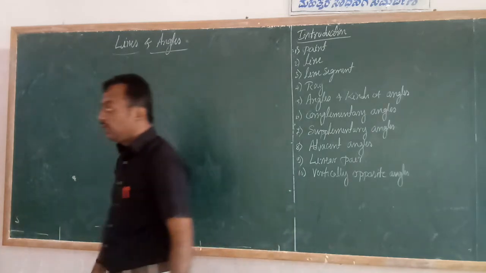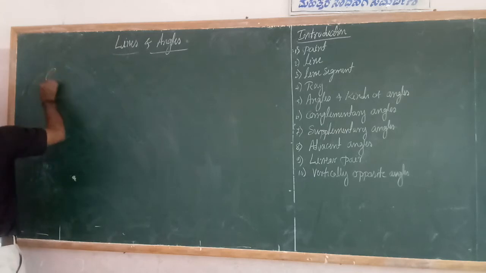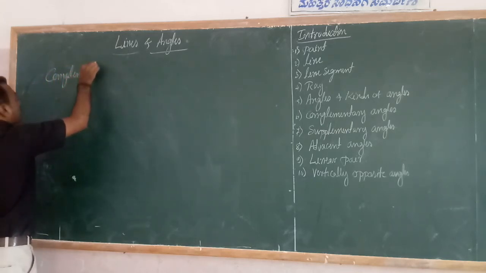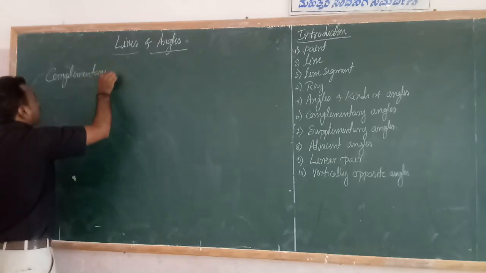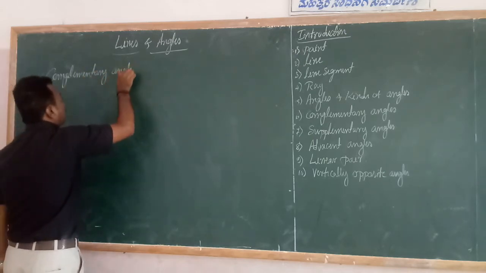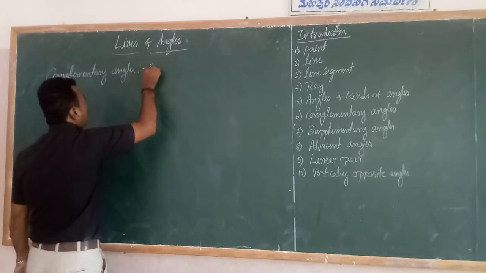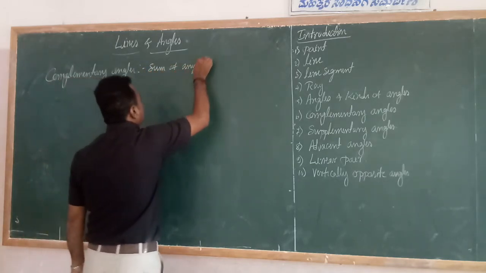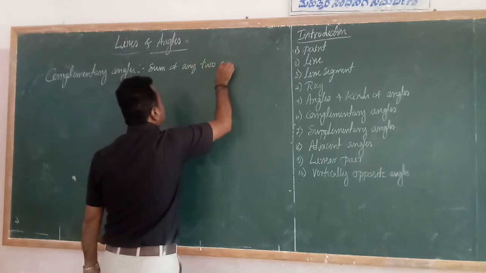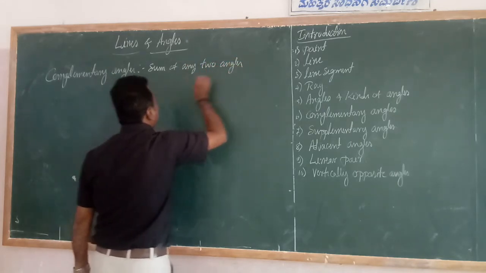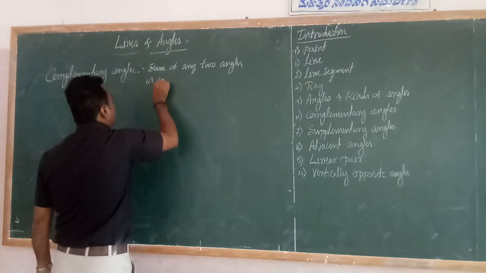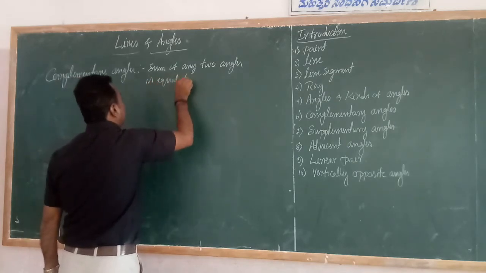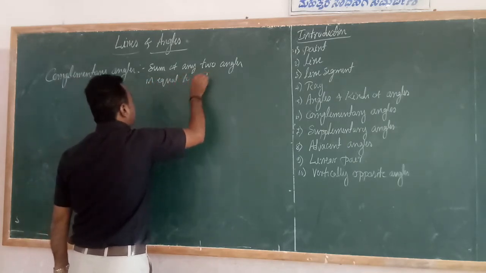So very simple, students. Complementary angles means the sum of any two angles is equal to how much degree? 90 degree.